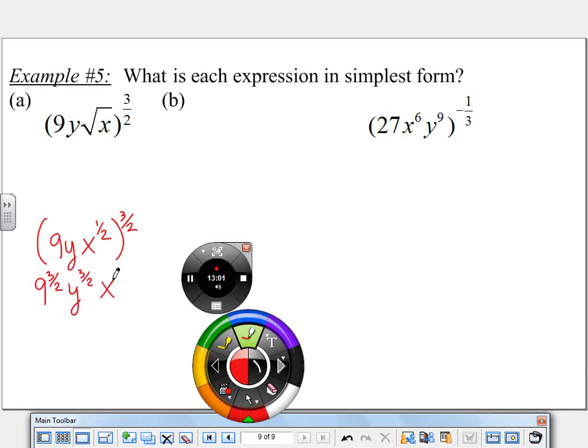And then x is going to be to the power of 3/4 because of those multiplying together. Okay. So 9 to the 3/2 power means the square root of 9 cubed. The square root of 9 is 3, and then we have to cube it, so we're going to get 27.